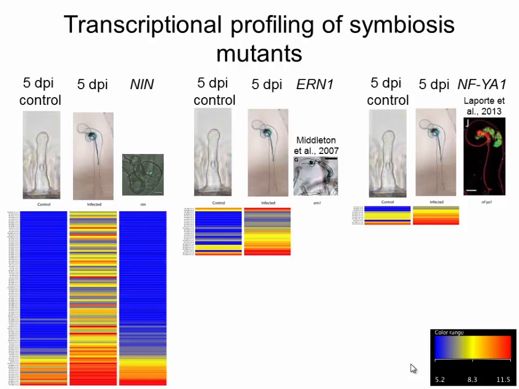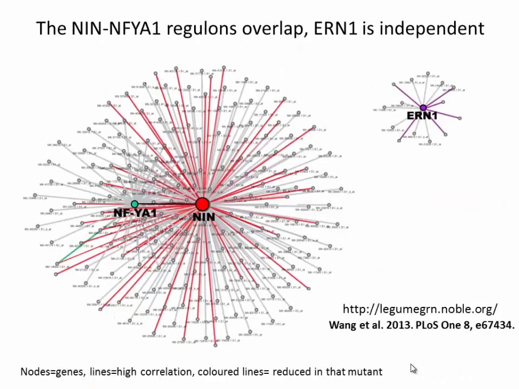And then similarly for ERN1, we have these genes identified here, but there are far fewer genes, and for NFYA1, fewer still. We then constructed a gene regulatory network using the server at the Noble Foundation. So here we have NIN, transcription factor ERN1 and NFYA1. The nodes around here are the probe sets which are correlated with these transcription factors.